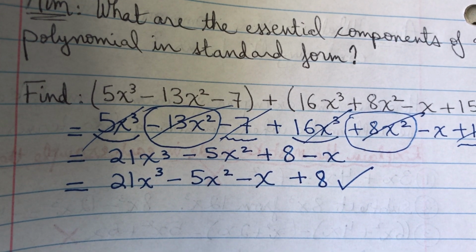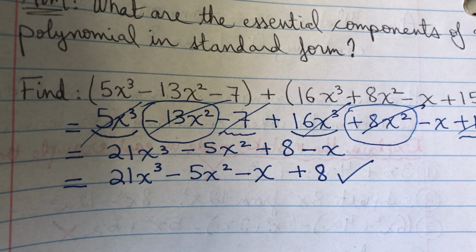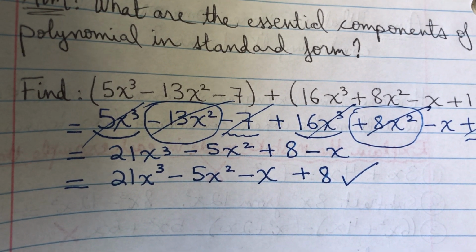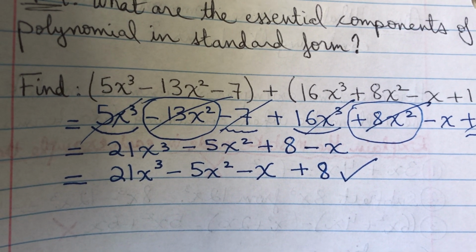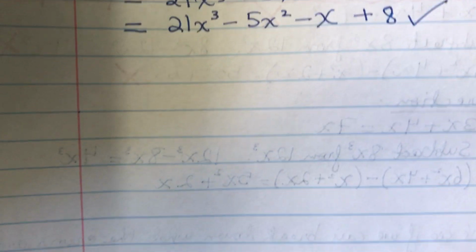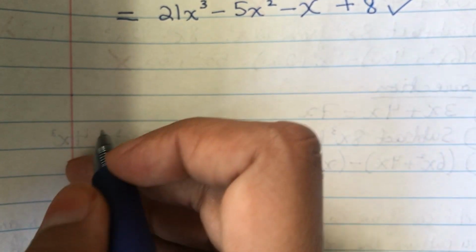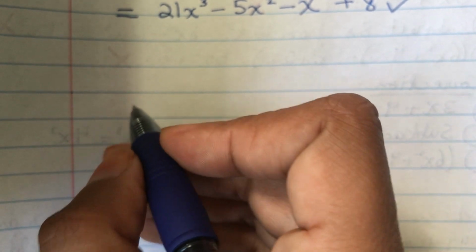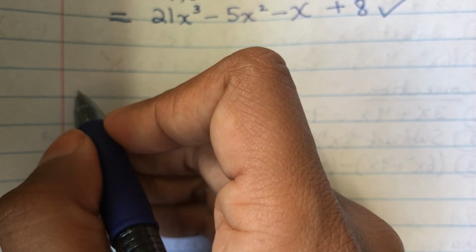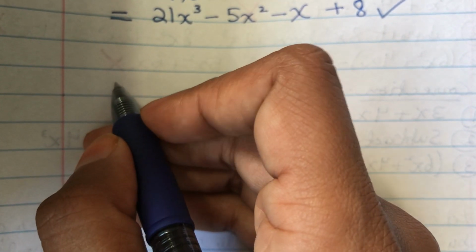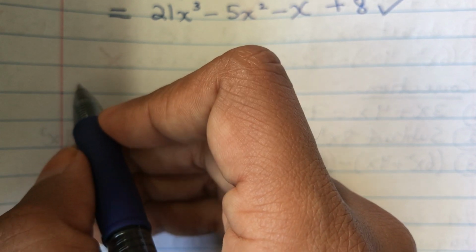Now we can at the same time look at another polynomial operation. This time we can look into what happens when I subtract. So let me just scroll up here. And so now the question is simplify, or it can just be find.